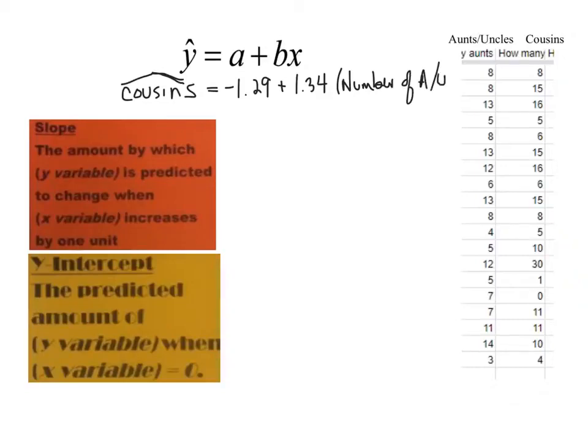I'm going to just simplify there a little bit. You'd normally write it out, but I'm just running out of room. So this is our equation that we'll use to be able to predict how many cousins someone has if we know how many aunts and uncles they have.